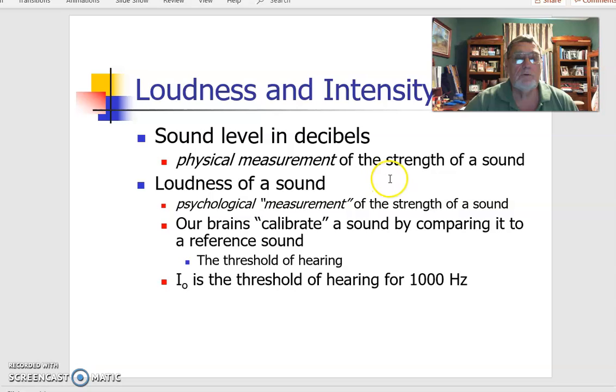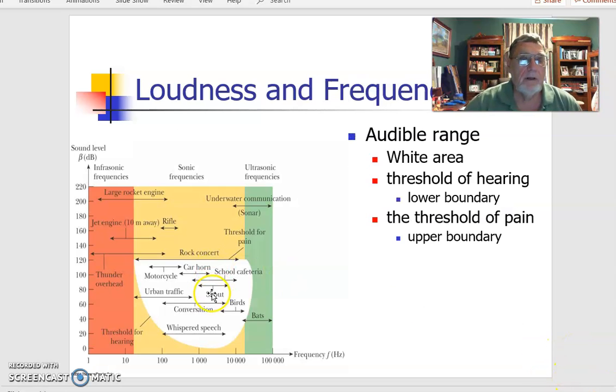Regarding sound level in decibels, there's also a psychological aspect to things, and there's the response curve of our ears. Sound is both physical and psychological. So two sounds that measure the same won't necessarily seem the same loudness to us. Here's a picture of sound level versus frequency, and they've outlined what you can hear.